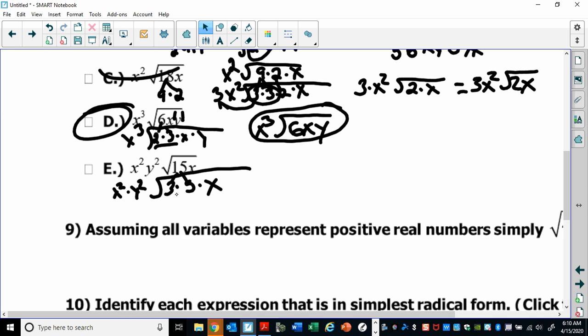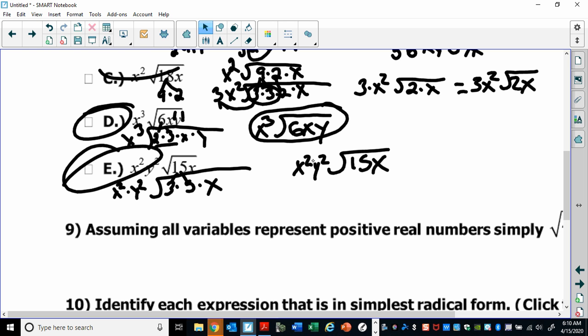We cannot break down 3 because it's a prime number. We cannot break down 5 because it's a prime number. So what we have to do now is just simply put it in the most simplest form. So that's just going to be x squared y squared times the cube root of 15x. So we were correct. The two answers were D and E.